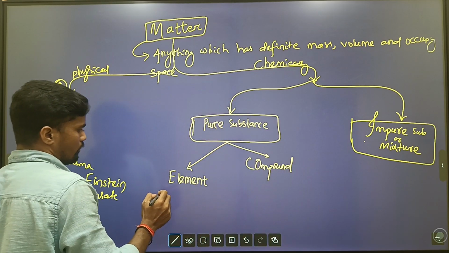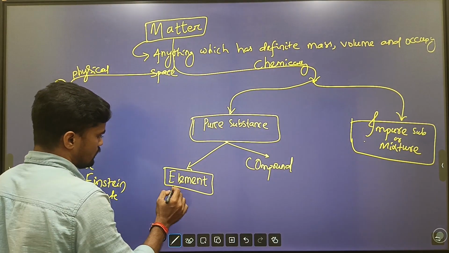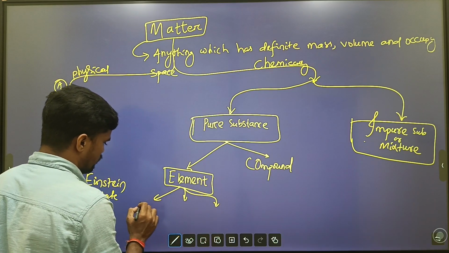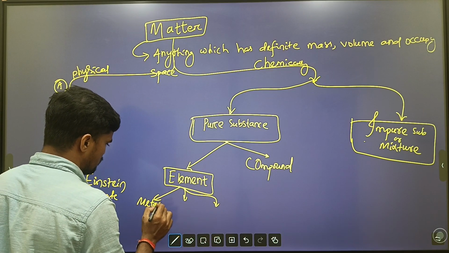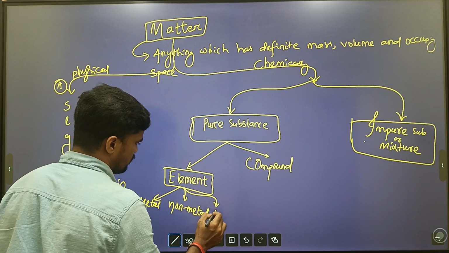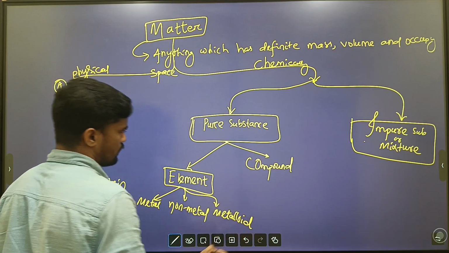Elements are three types and compounds are two types. What are these? Metal, non-metal, metalloid.